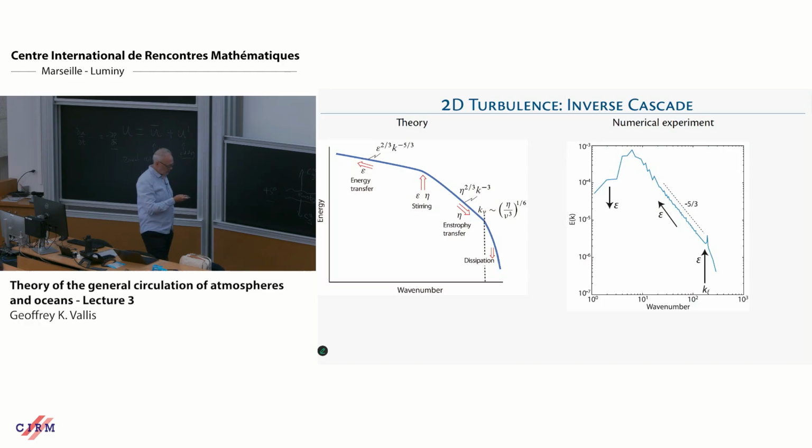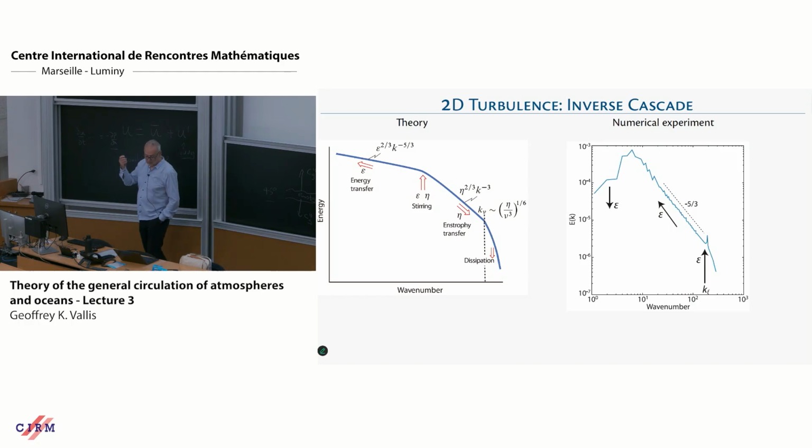What happens in two-dimensional turbulence is that the energy, this is a simulation on the right-hand side of two-dimensional turbulence, this is the energy spectra as a function of wave number. You're forcing at very small scales, and then the energy cascades to large scales through an energy cascade.